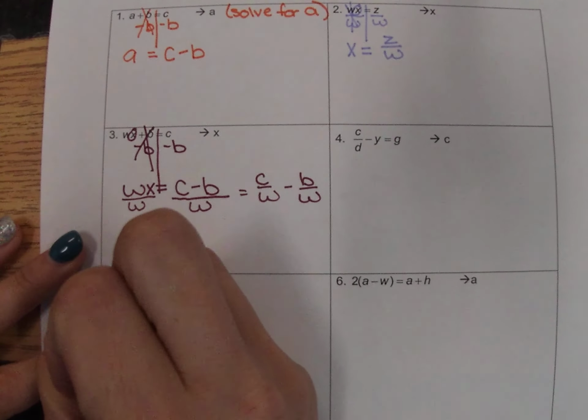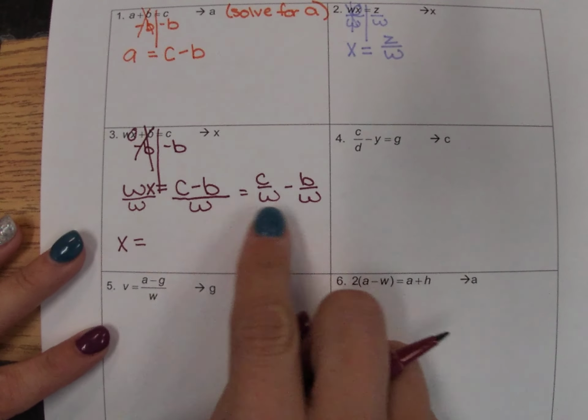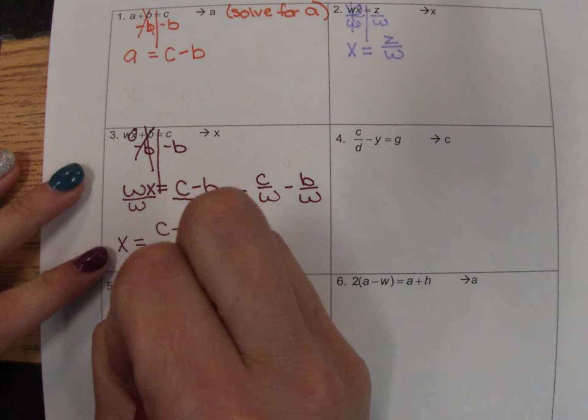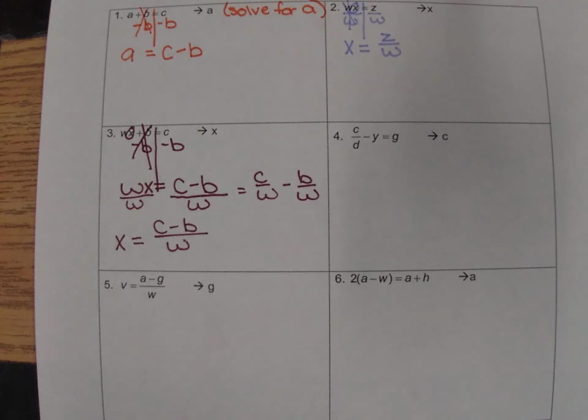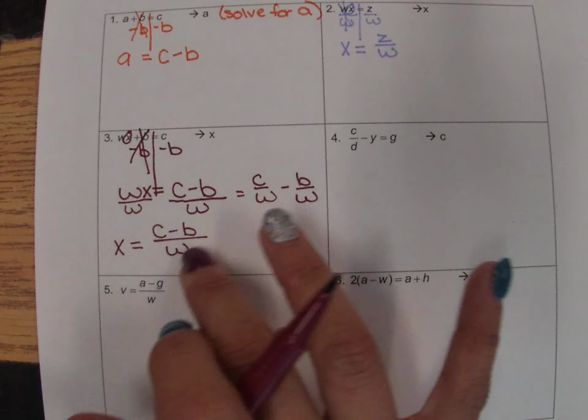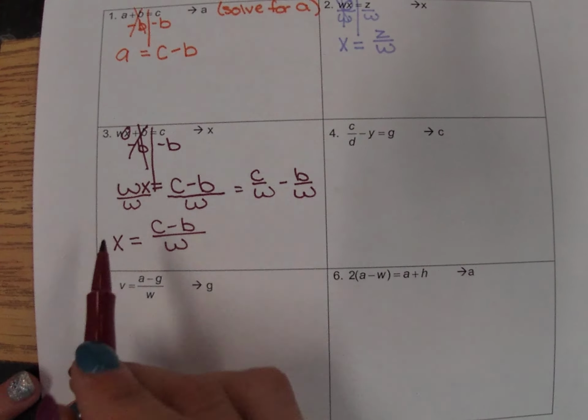So we would need to have either one of these answers, but recognize that they are the same thing in multiple choice. So if you wrote your answer as c minus b over w, you would get full points if you were doing this as a free response question. But if it was multiple choice, you might see the answer in this format. So you would need to recognize that those two things are equivalent.